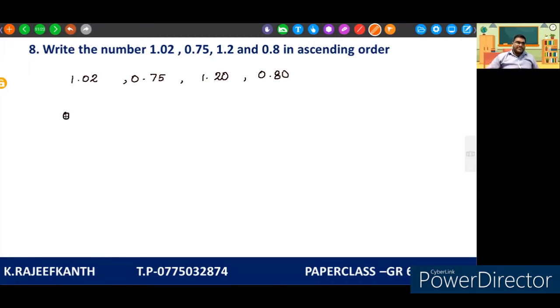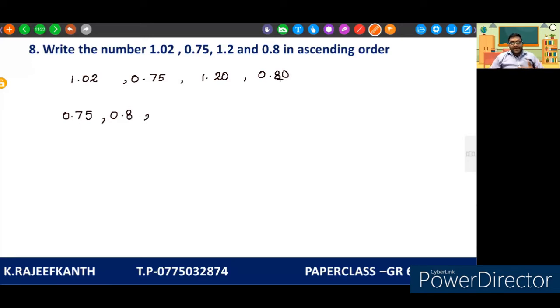So first we have to write 0.75. Here without the decimal point, this is 80. So next we have to write 0.8, because in the question they have given 0.8. So we have to write 0.8, right?